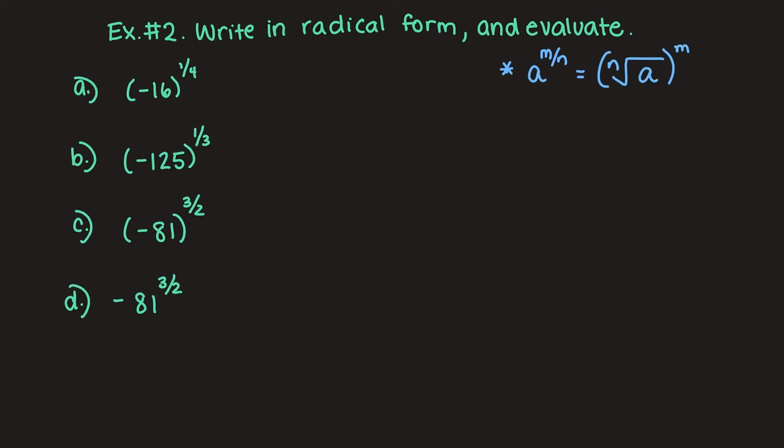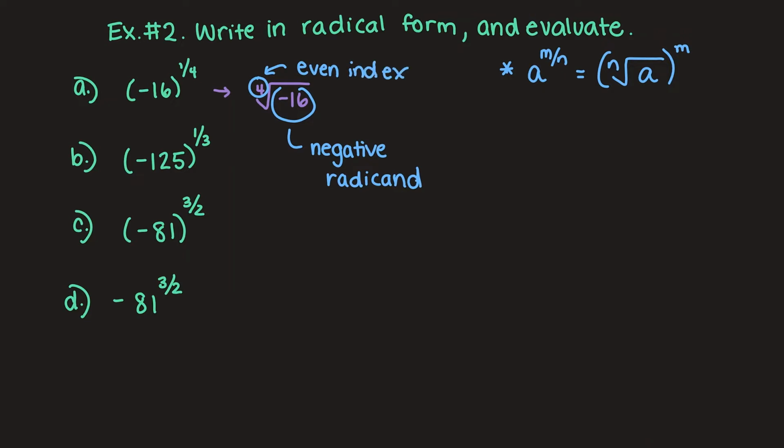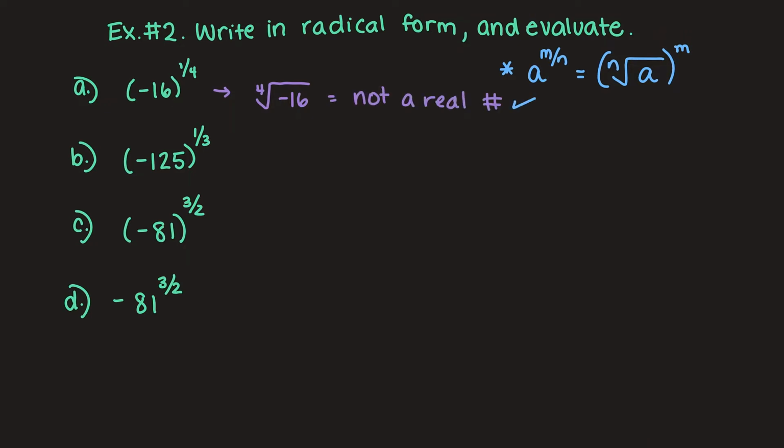For the first example, we can rewrite this as a radical with an index of 4 raised to the 1st power. However, we have an issue because this is a negative radicand with an even index. And since the radicand cannot be negative with an even index, this is not a real number. For the next example, we can rewrite this as a radical with an index of 3 raised to the 1st power.